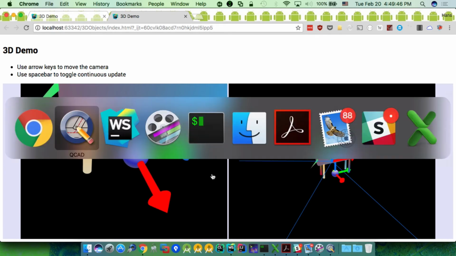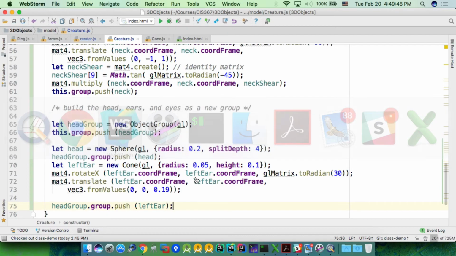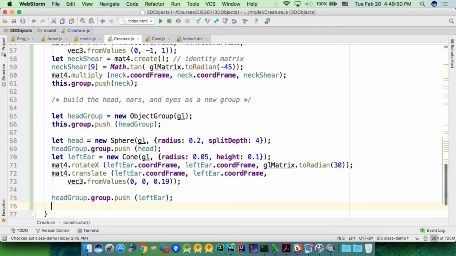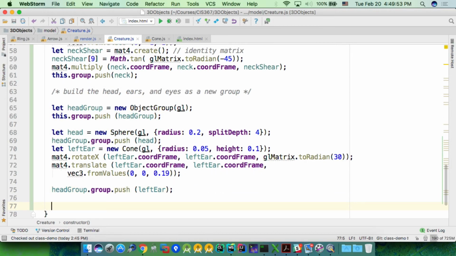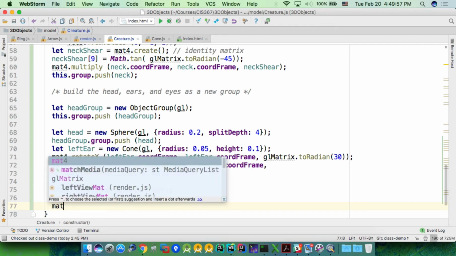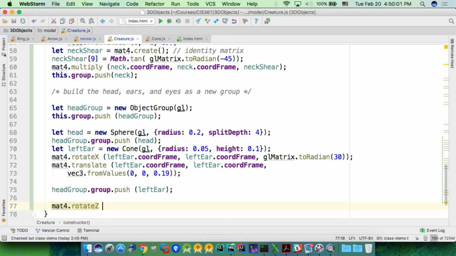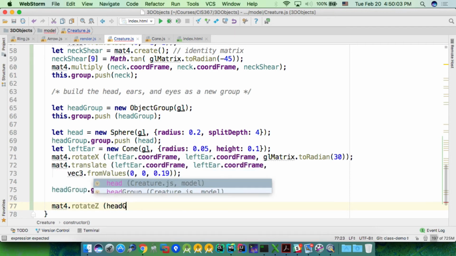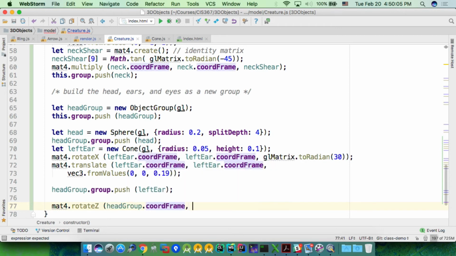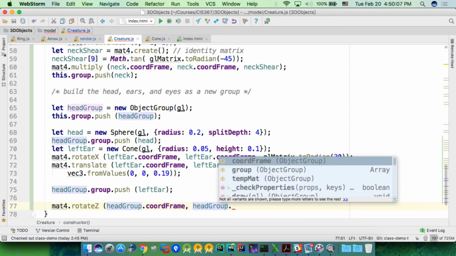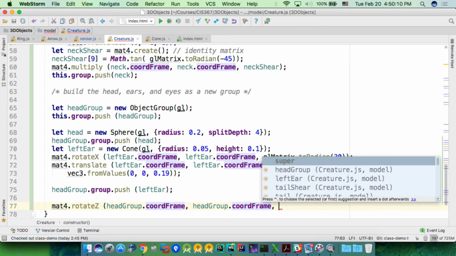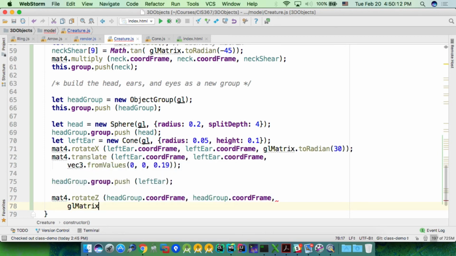Okay, so let's do that. Assuming that the ears are completed and the eyes are completed, then what I have to do next is rotate. The rotation will be along the z-axis, head group coordinate frame, by geometrics to radians, a positive 90 degrees.